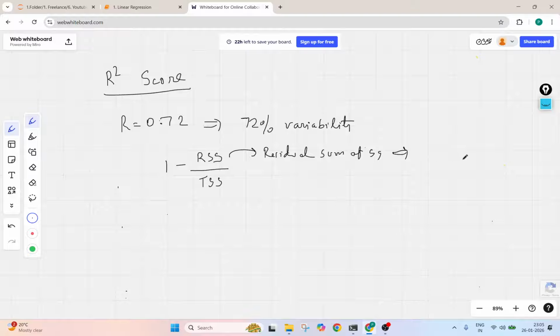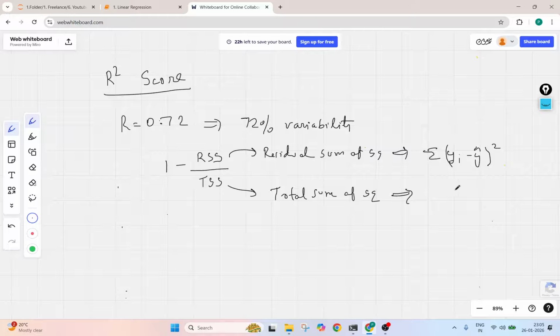It's written as the summation of yi minus y predicted, whole square. And TSS stands for total sum of squares, which is the summation of yi minus y mean, whole square.